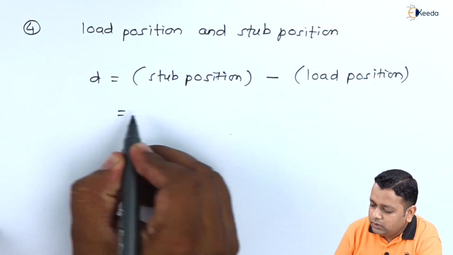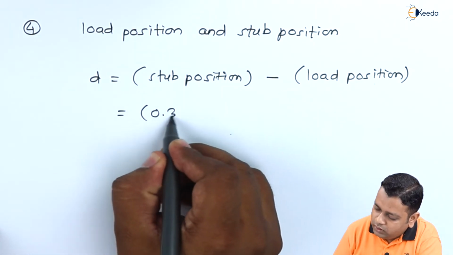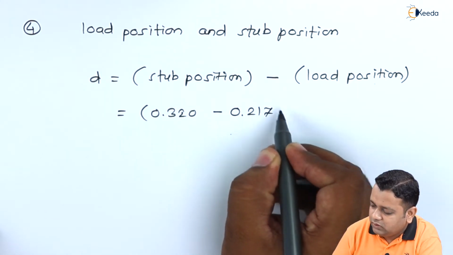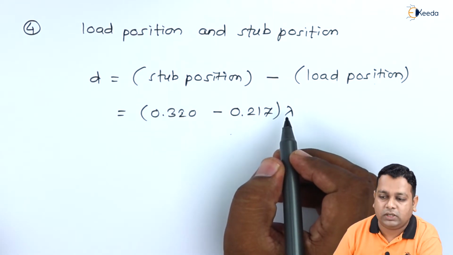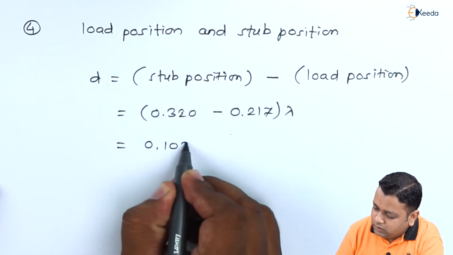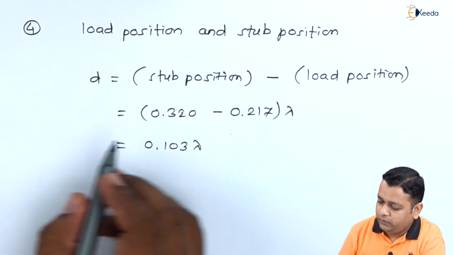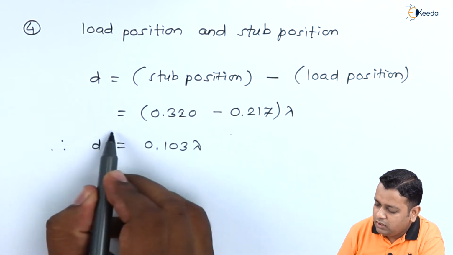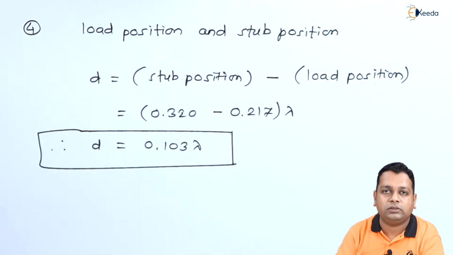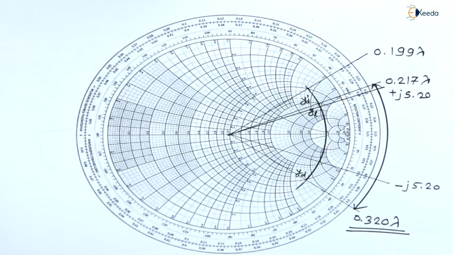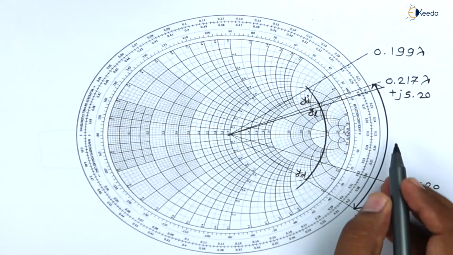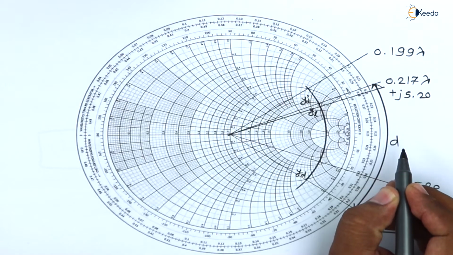So here we have been substituting 0.320 minus 0.217, lambda is kept outside here. So the difference we obtain is 0.103 times lambda. So this is the difference we have denoted by small d, and this can be outlined here for the step number 4. So getting back to the Smith chart here, onto the Smith chart we have shown this much of length here, and here we designate by small d here.